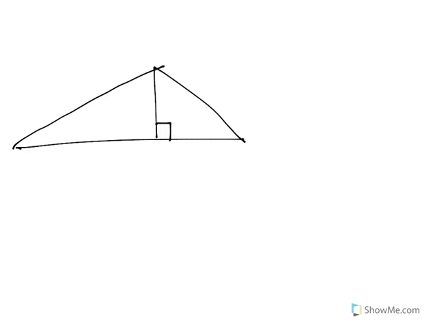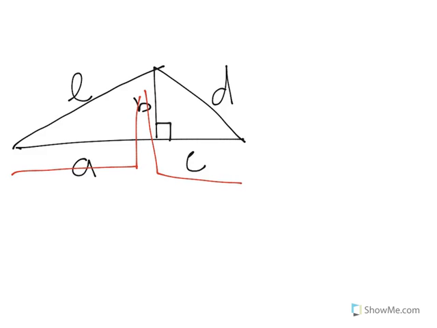So let's call this A, B, C, D, and E. So the ratio is this. You can go from A to B, B to C. So then A over B equal to B over C.